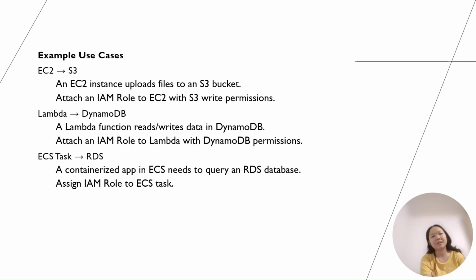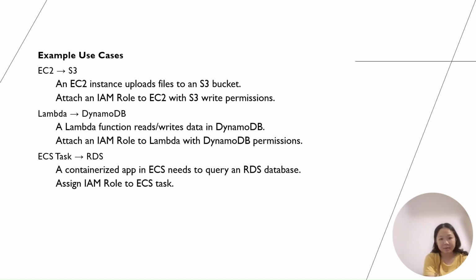For example, use cases. EC2 to S3: an EC2 instance uploads files to an S3 bucket. Attach an IAM role to EC2 with S3 write permission.